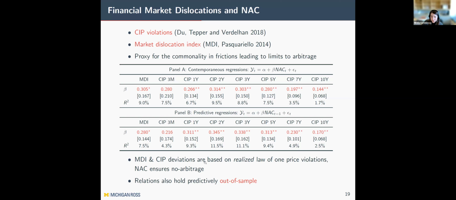And importantly, these relations are also going to hold out of sample, right? So it means that with our nonlinear arbitrage correction, which is extracted ex ante to be consistent with the no arbitrage condition, this is going to be informative about future violations from the law of one price in the data in related markets.